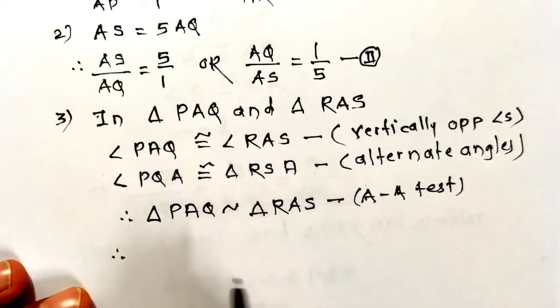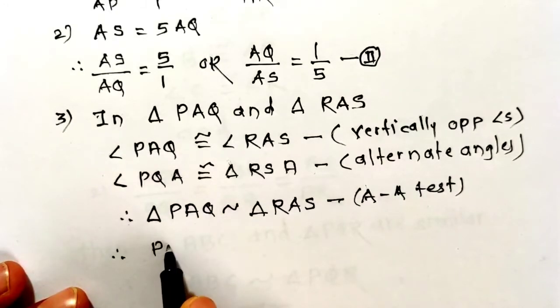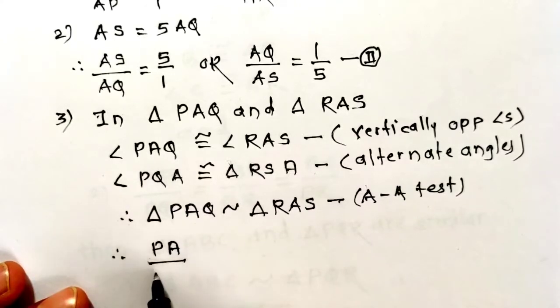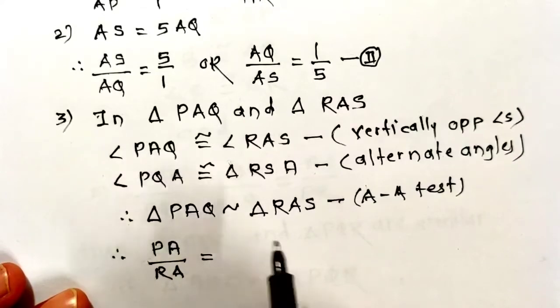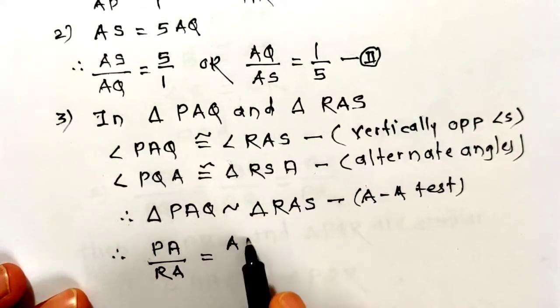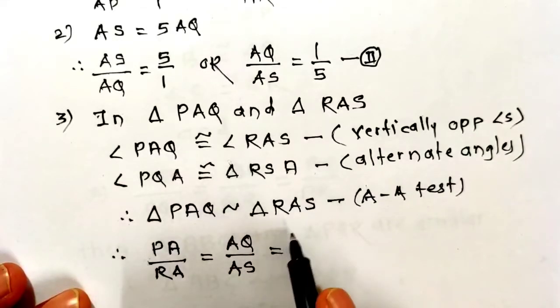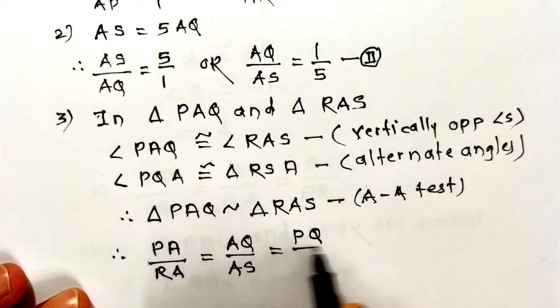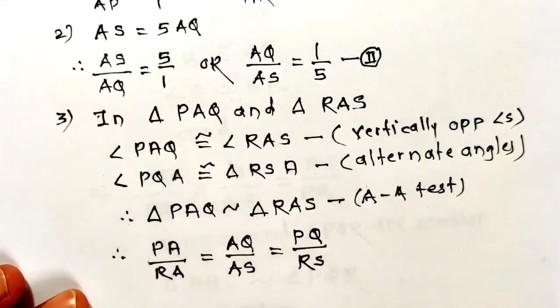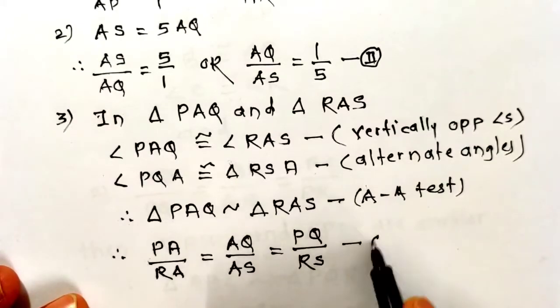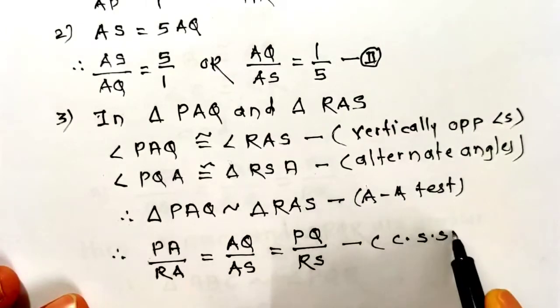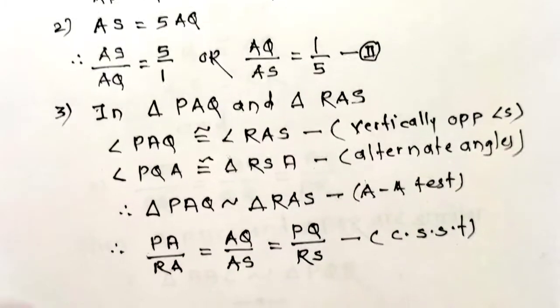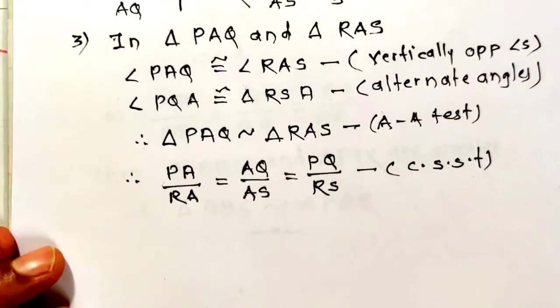Now when two triangles are similar, their corresponding sides PA upon RA is equal to AQ upon AS is equal to PQ upon RS. These sides are in proportion, that means corresponding sides of similar triangles are in proportion.